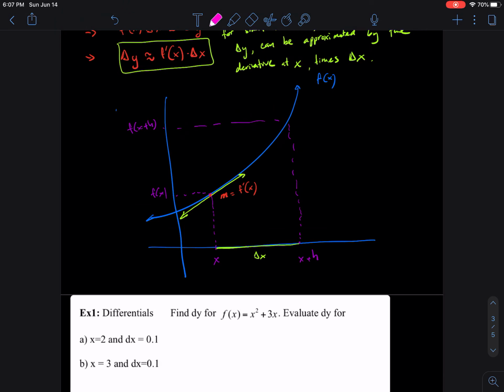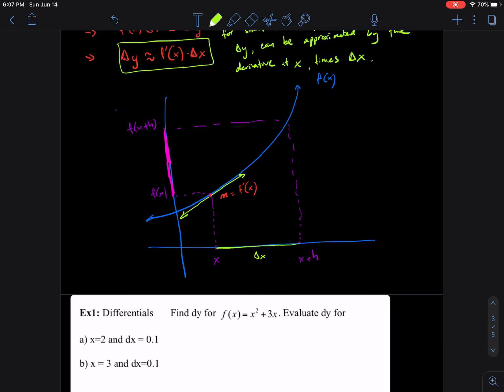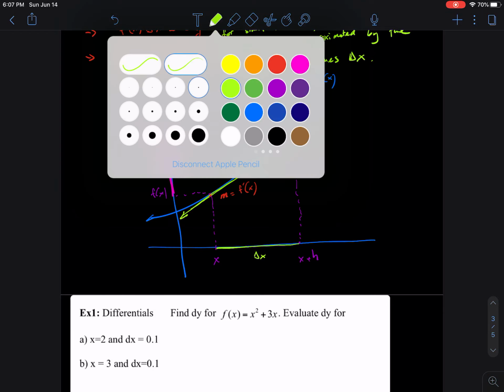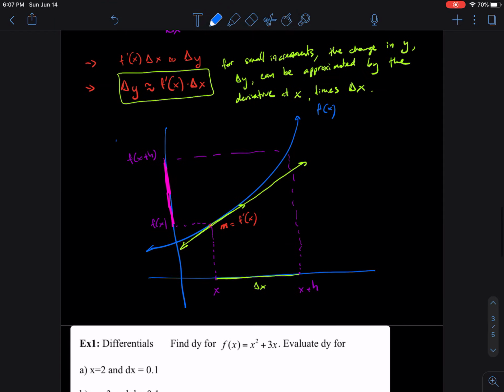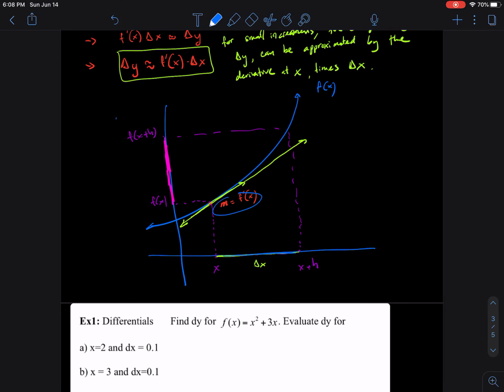This distance here can be approximated by this line here, if we extend that, f prime of x times delta x, meaning the slope times delta x with this here, that will give you this here.